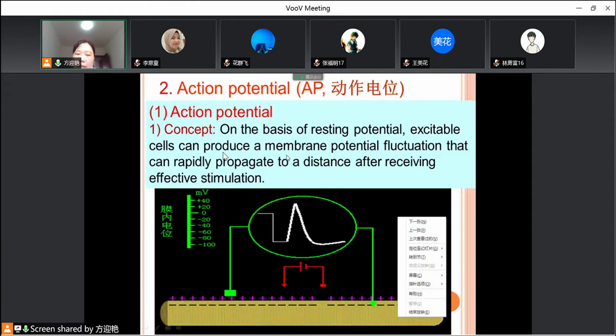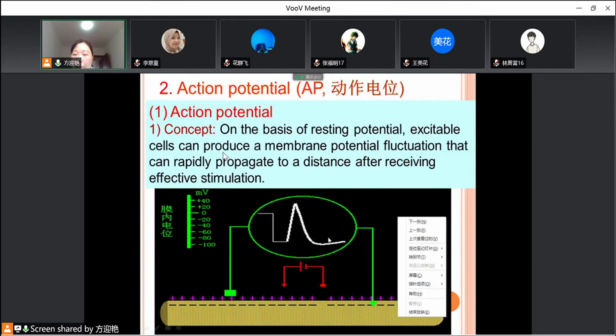Excitable cells can produce a membrane potential fluctuation that is rapidly propagated over a distance after receiving an effective stimulation.